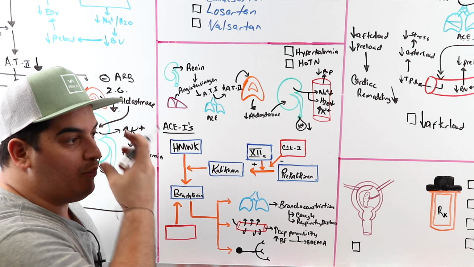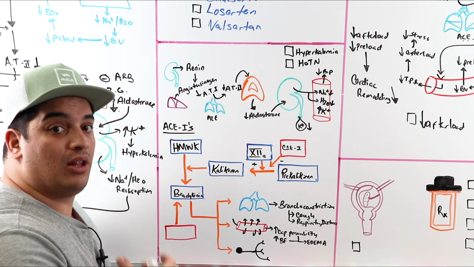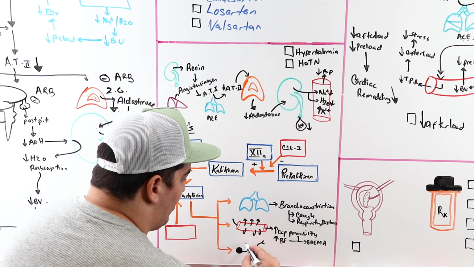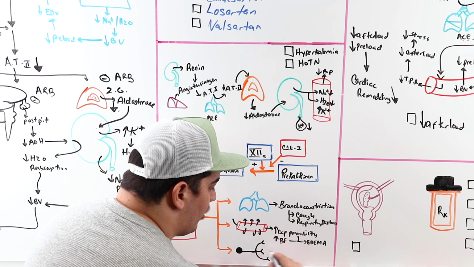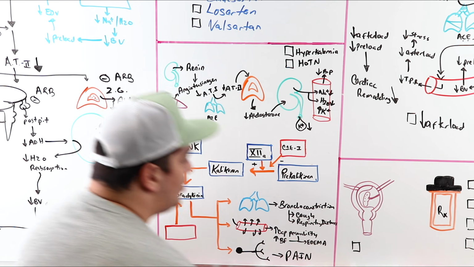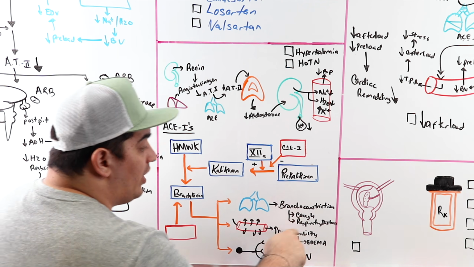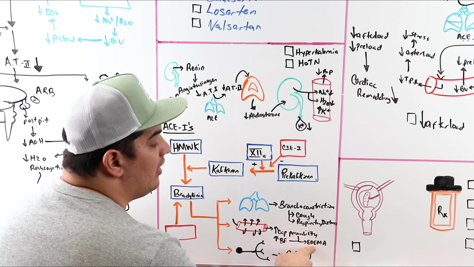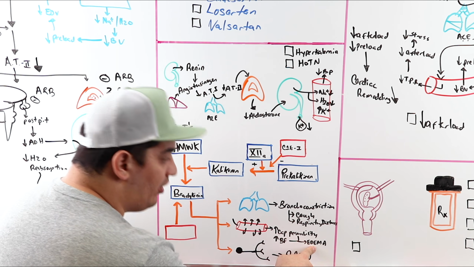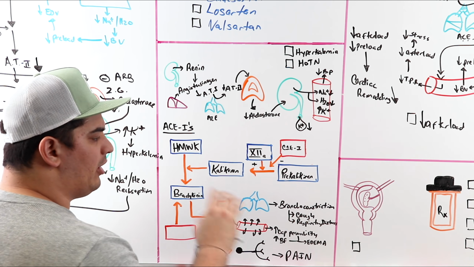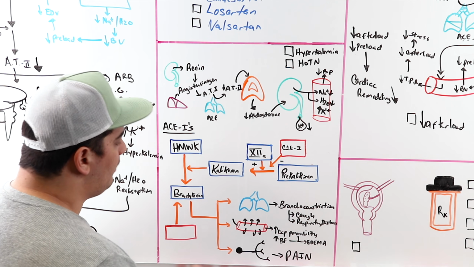And that's what happens within the upper respiratory tract and within the lower respiratory tract potentially. The other thing is that this bradykinin can also stimulate certain nerves and lead to pain. So you can get a cough, you can get angioedema here, which is this edema effect due to increased vasodilation, capillary permeability, fluid leakage, and therefore edema, as well as pain and cough and a little bit of respiratory distress.